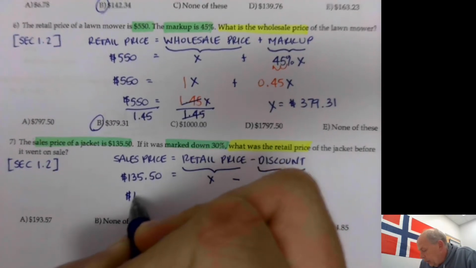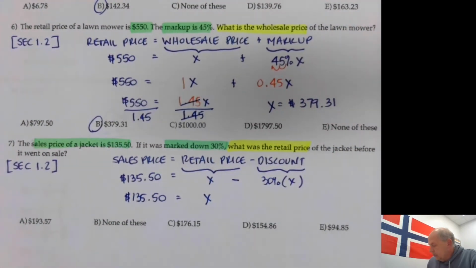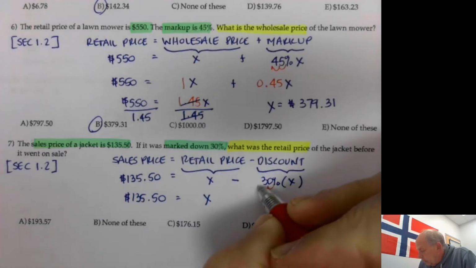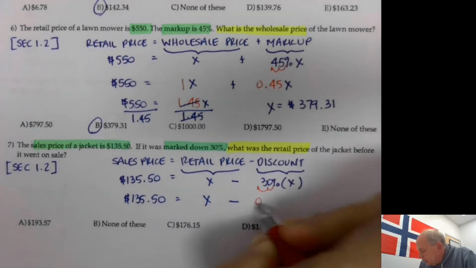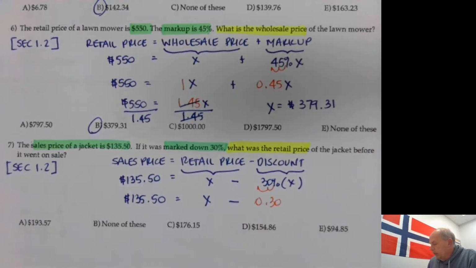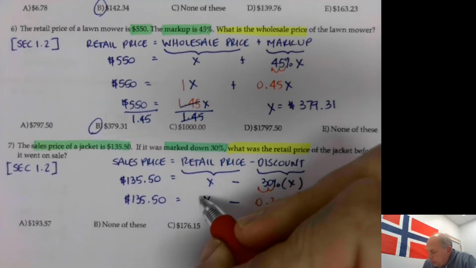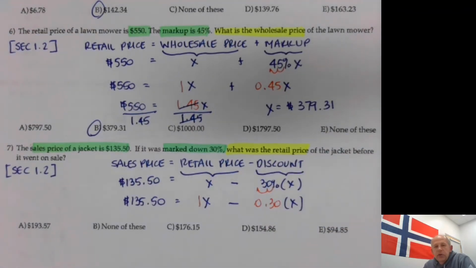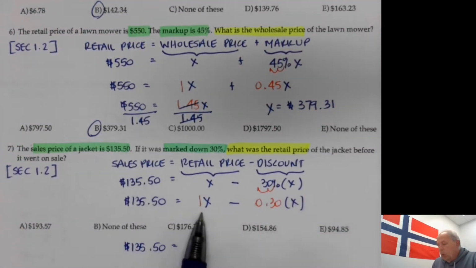So we have $135.50 is X. Move the decimal over 2 places, minus 0.30 times X. And just like the problem previous to this one, there is a 1 in front of that X. So I have 135.50 equal to 1 minus 0.30.